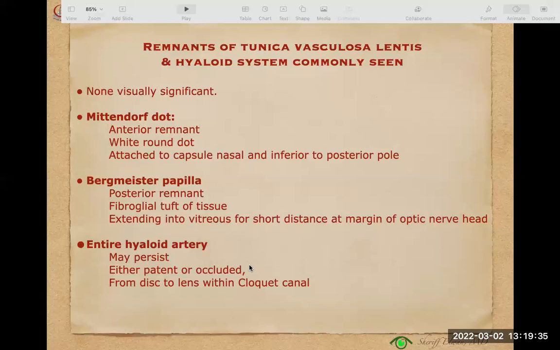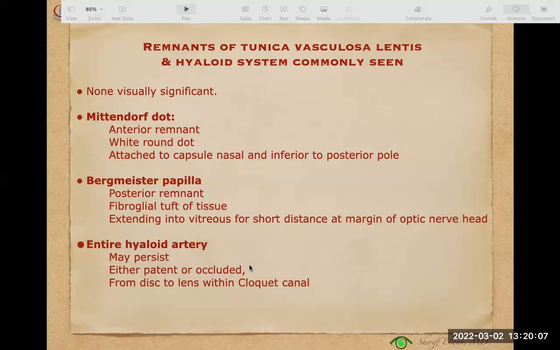The Mittendorf dot is an anterior remnant, like a white round dot attached to the posterior capsule, nasal and inferior to the posterior pole. So the Mittendorf dot, you can notice it in some eyes, even on the slit lamp, which is the remnant of the hyaloid system of vessels and the tunica vasculosa lentis, seen like a white round dot, not central, but nasal and inferior to the posterior pole.